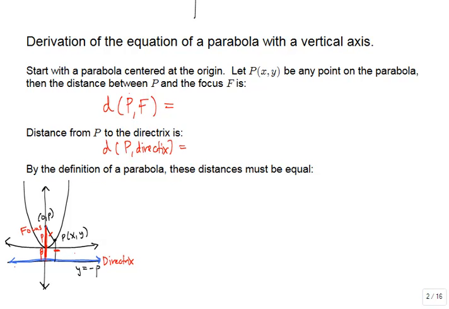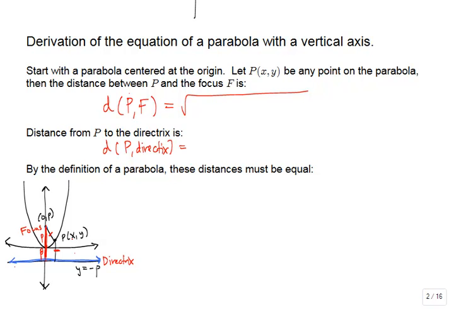Now, to get the distance between point P and point F, this focus, we're just going to use our distance formula, which comes from the Pythagorean theorem. It's the square root of the difference in the x's squared plus the difference in the y's squared.